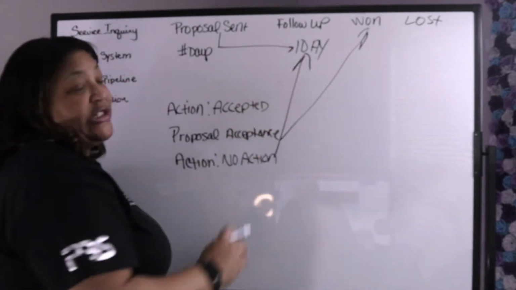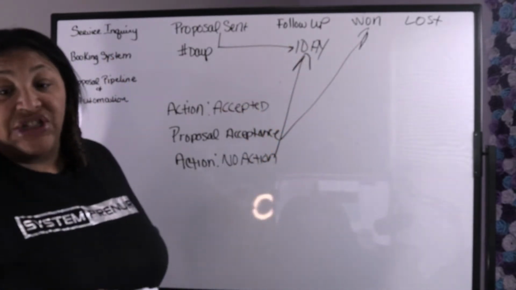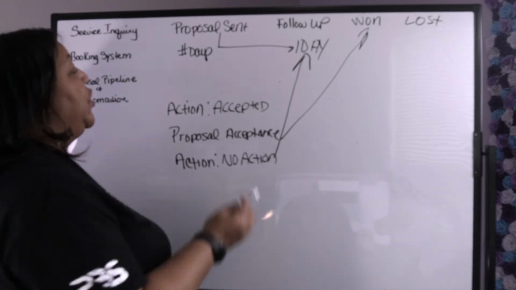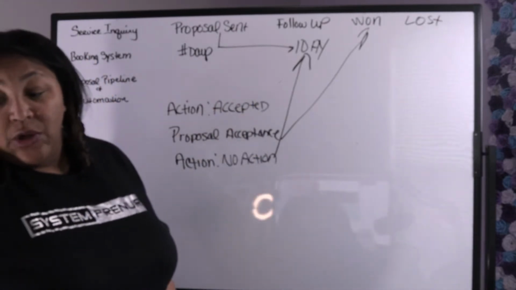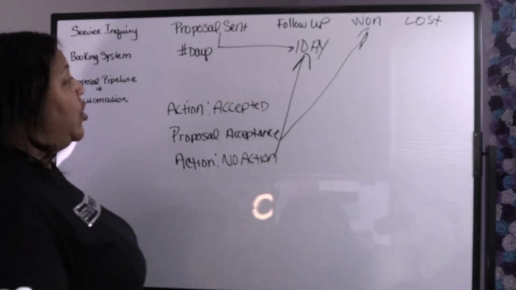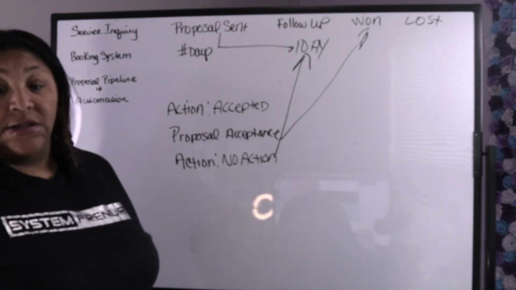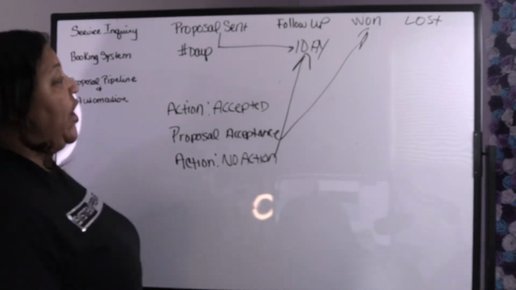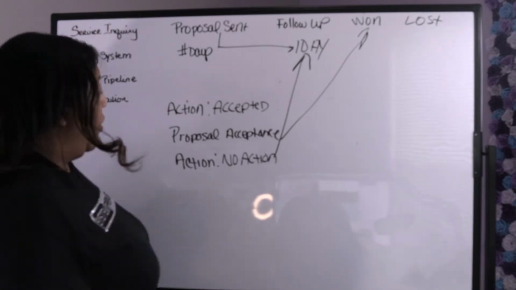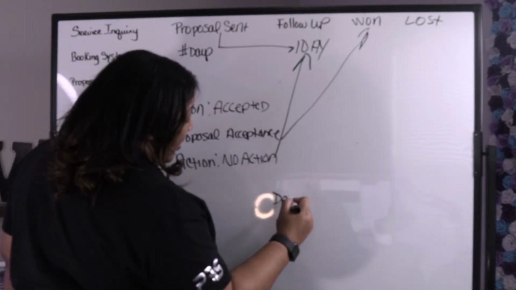And then it's going to complete this iteration each day that you set it. So if you say for proposals, we want to follow up for 2 weeks, we're going to tell this to follow up for 2 weeks. So on that 14th day, we're going to say we had no action.